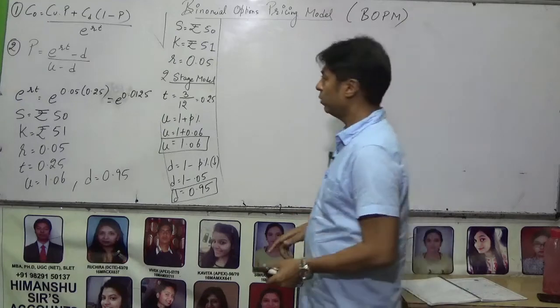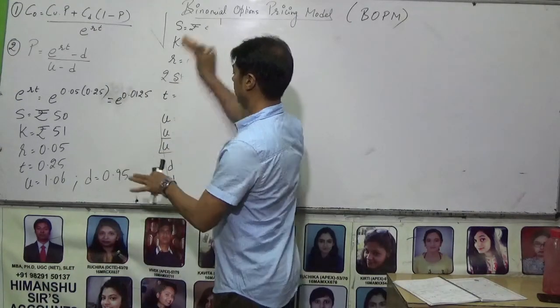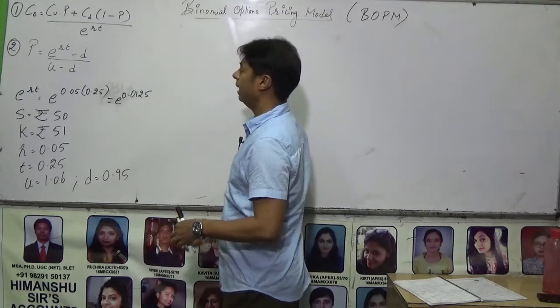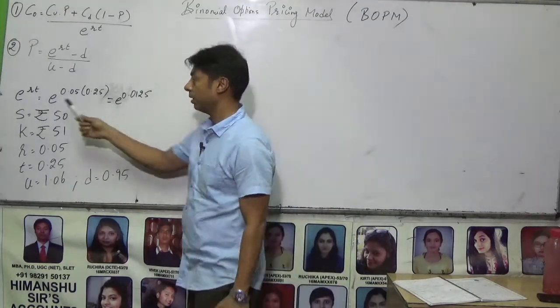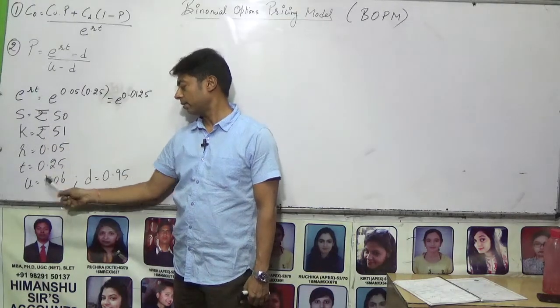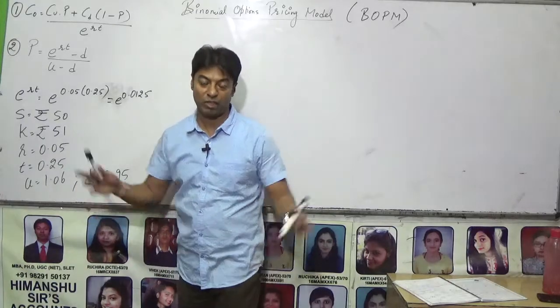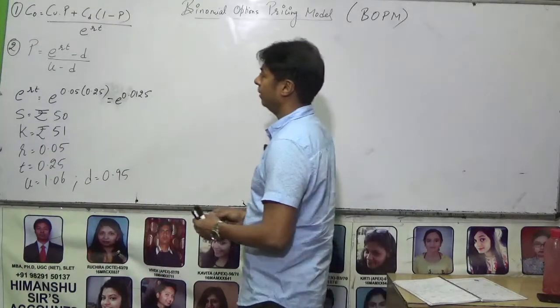Remember, it's a two-stage model. Now I am going to erase all these values because you've already taken them down, and for your convenience I have written all these values over here. So you have the value of e^RT, S, K, RT and U and D. U is the upswing constant, D is the downswing constant. So let's start the construction of the binomial option pricing model tree.